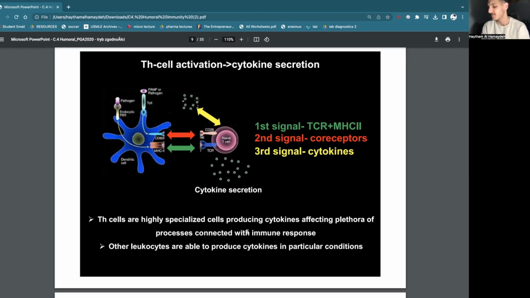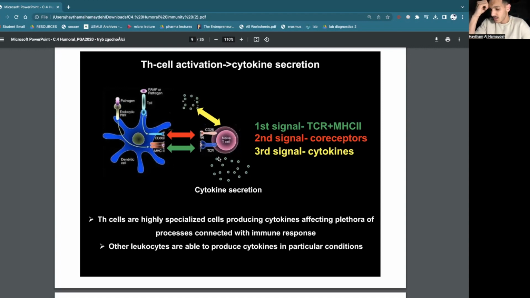Why? Because 4 times 2 is 8. So if we know MHC2 is here, then we know that on the opposite side, a CD4 cell will be produced, okay? That's the first signal.